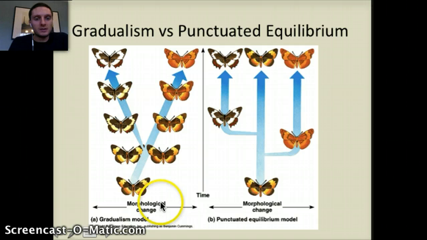If we're looking at gradualism, this would be the original parent species, and then slowly we see the development of these different colors. Whereas with punctuated equilibrium, we see this original ancestor species, and events occur that disrupt that equilibrium, and so we then see some very distinct different colors arise due to some sort of environmental or selection pressure. We're going to discuss this topic a little bit more in class, but this summarizes the main points for speciation, causes of speciation, and then rates, and how quickly this can occur.